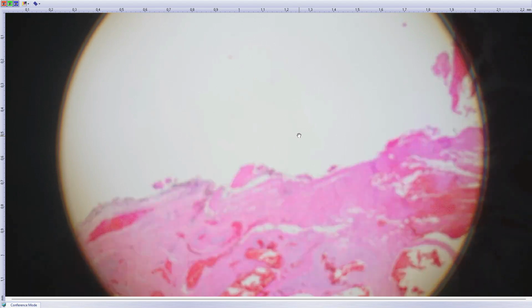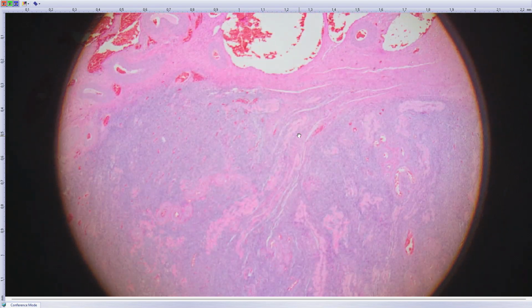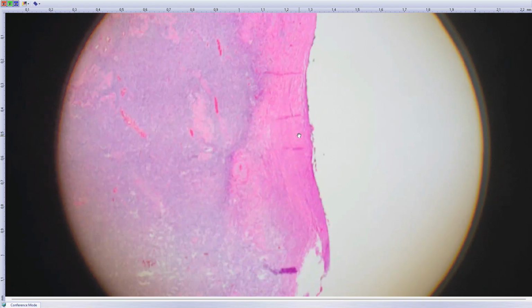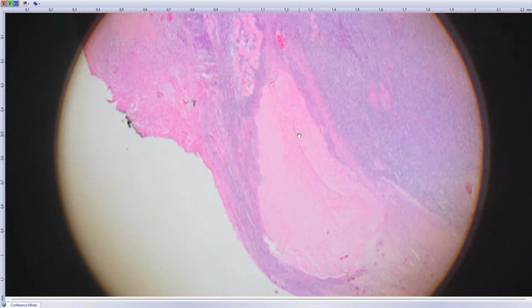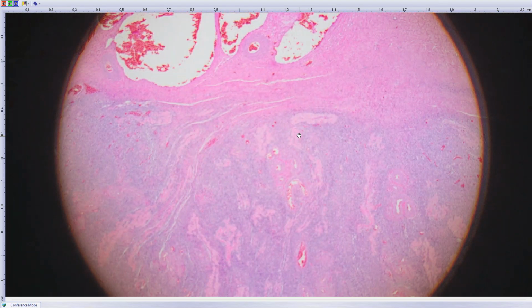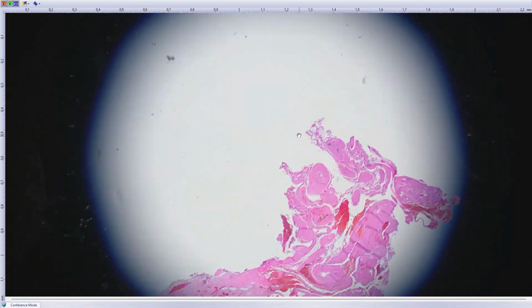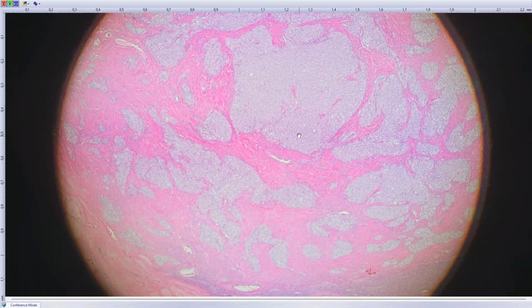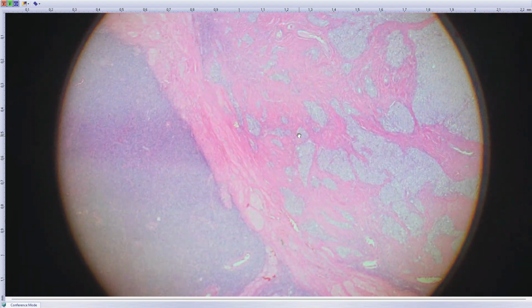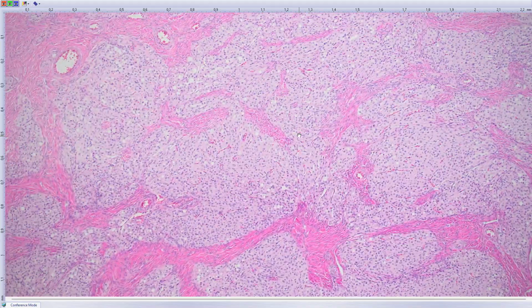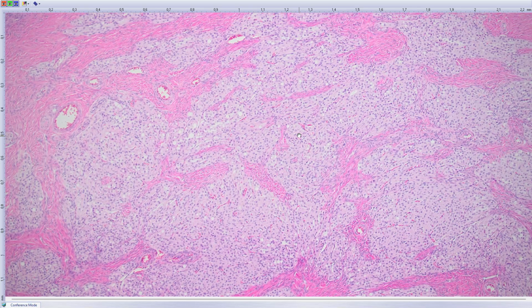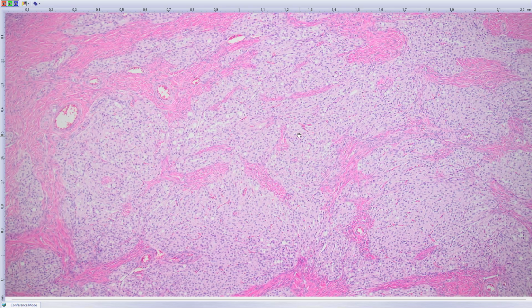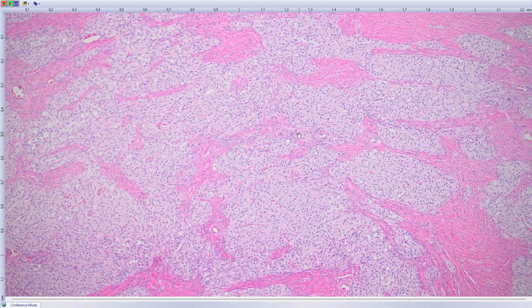Then here we have an example from the ovary. So this is ovarian tissue, and I have to find the tumor. Here, sorry. So here is ovarian tissue, and you can see that as for morphology, the tumor is the same as we saw a while ago in the pancreas.